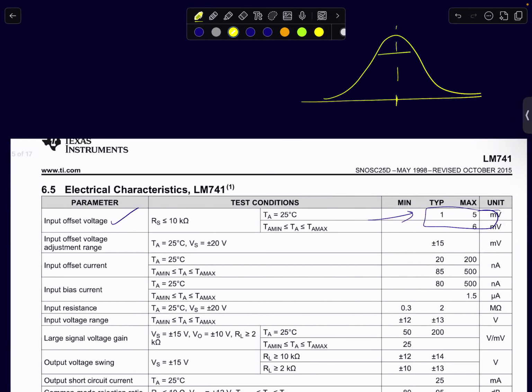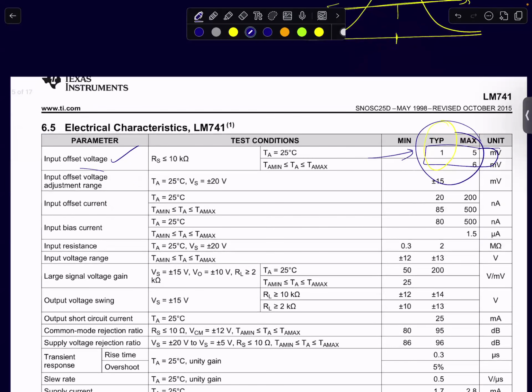You'll have a mean, and usually within 1 sigma in either direction will be the value reported as typical here. Maximum will be 6 sigma. That's why you see 1 and 6, close to. I'm just giving you some rough numbers. It will be sigma and 6 sigma. That's what they report here.